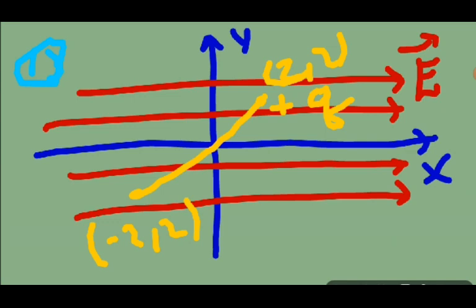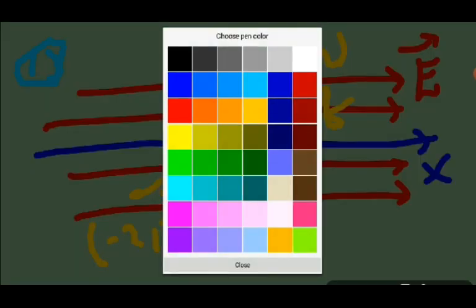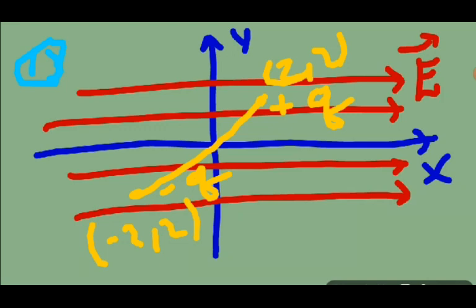This is minus 2 and this is the minus charge, minus Q. X is minus 2, y is minus 2 as well. We can always find the force applied on the charge. Let's start from the positive Q. The positive is on the left side, so the force is in the right direction, the electrostatic force.